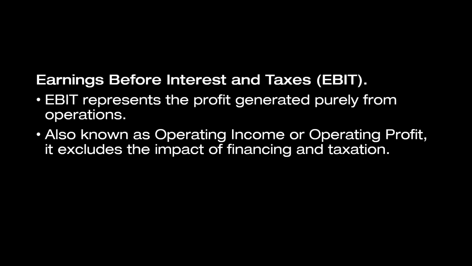EBIT is also known as operating income or operating profit because it represents profit from core operations without the influence of financial and tax expenses. This gives a clearer picture of how well the company is performing from its core business activities.